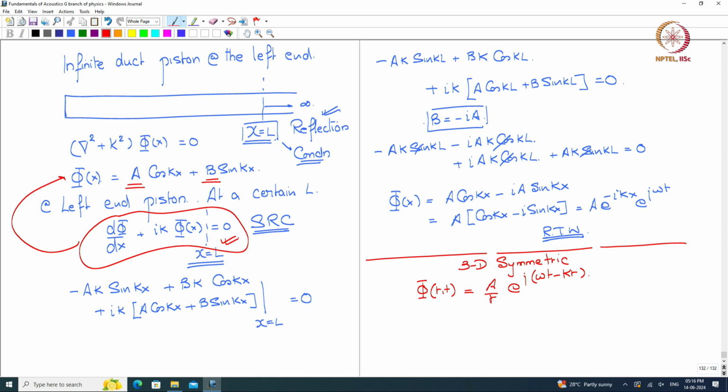Okay. So we will do del phi del r. If I do del phi del r, I get minus I k minus 1 over r a over r e to the power of j omega t minus j k r plus I k a over r e to the power j omega t minus j k r.